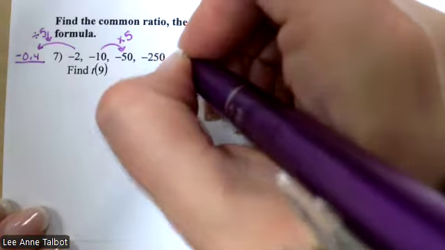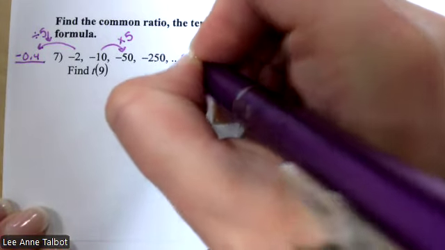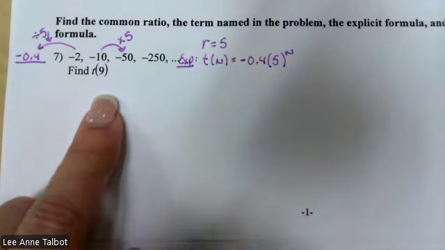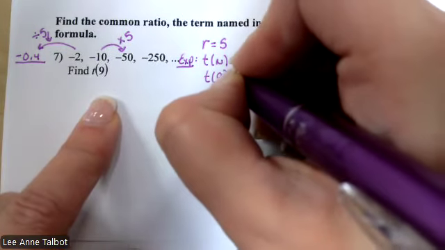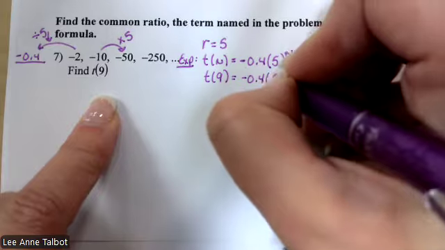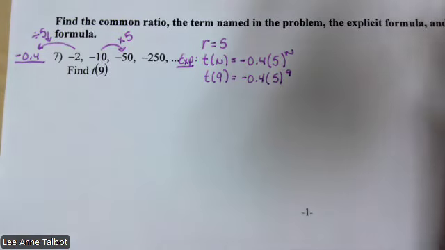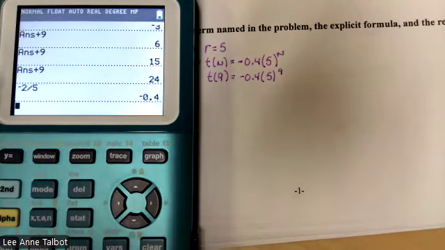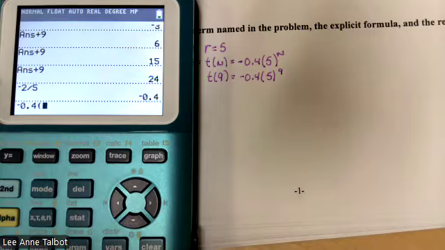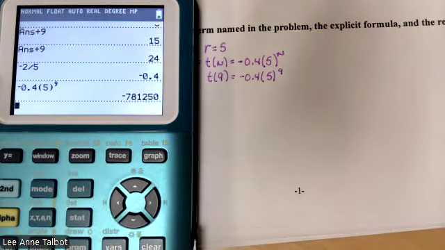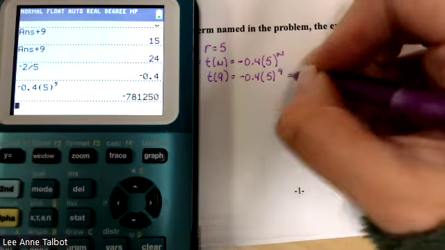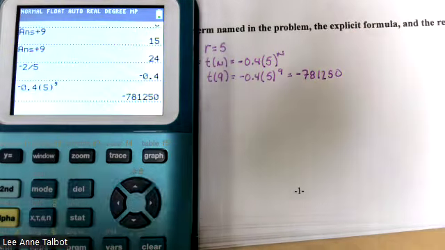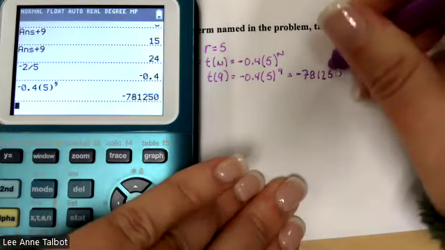And then it says find term 9. Make sure that you guys know how to do the exponent on your calculator, whatever calculator you have. That's a big number.